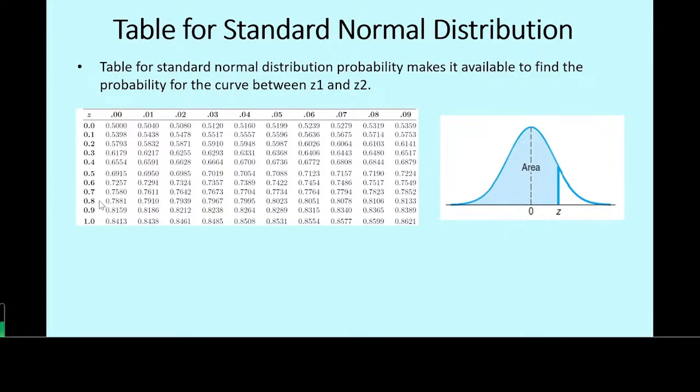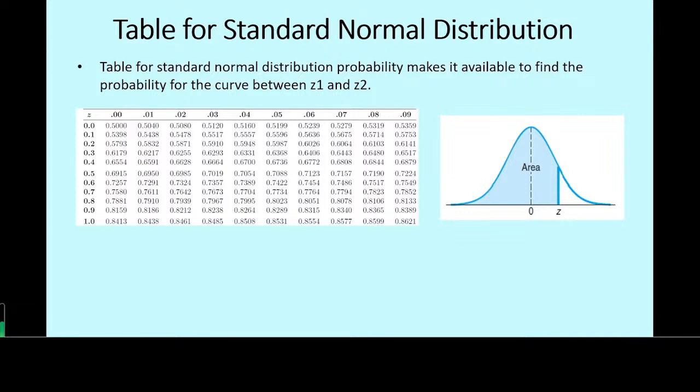For example, for the probability of X less than 0.88, we check the row 0.8 and the column 0.08, which adds up to 0.88, and find a value of about 0.81.